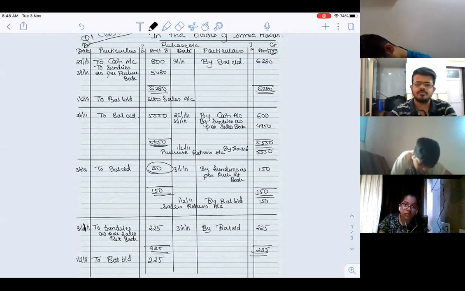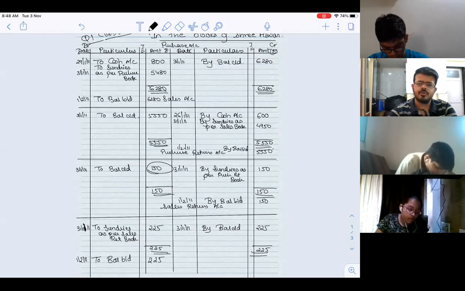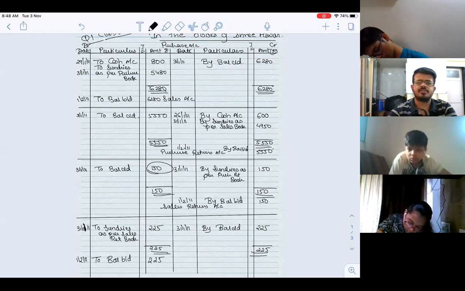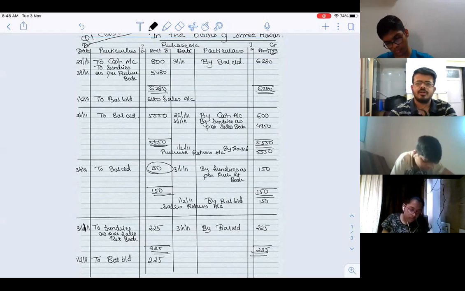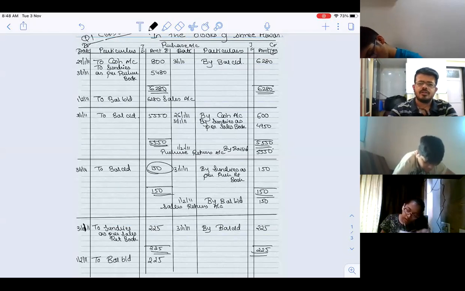What is the total of purchase book? 67,100 plus 7,000 is 74,100. Balance is 74,100 in purchase account. Purchase account में balance होगा 74,100. Okay. Got that?